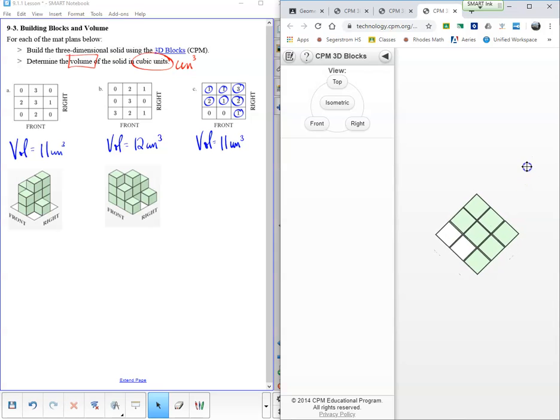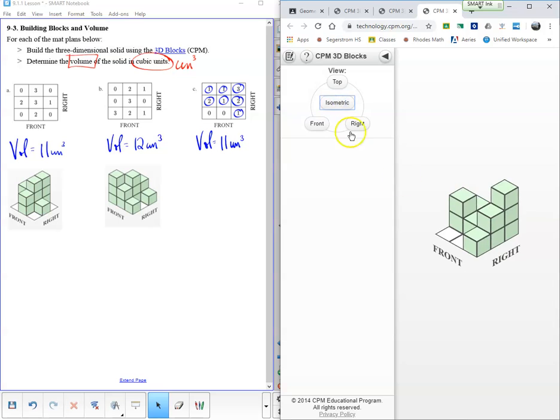So that's what that looks like from the top. Pretty much matches up there if we twist this a little bit, but we go front, right, top, isometric. Isometric is another word for 3D. So that's what this build would match up with.